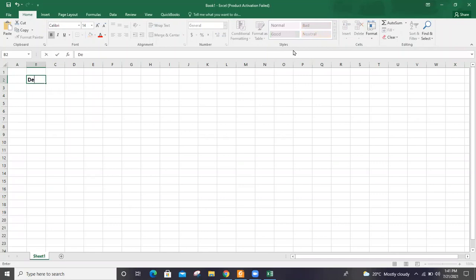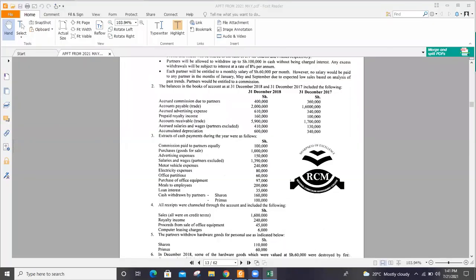We can start with the debtors control account. We have the balance brought down, how much? 1.7, that is 1,700, the account receivables.